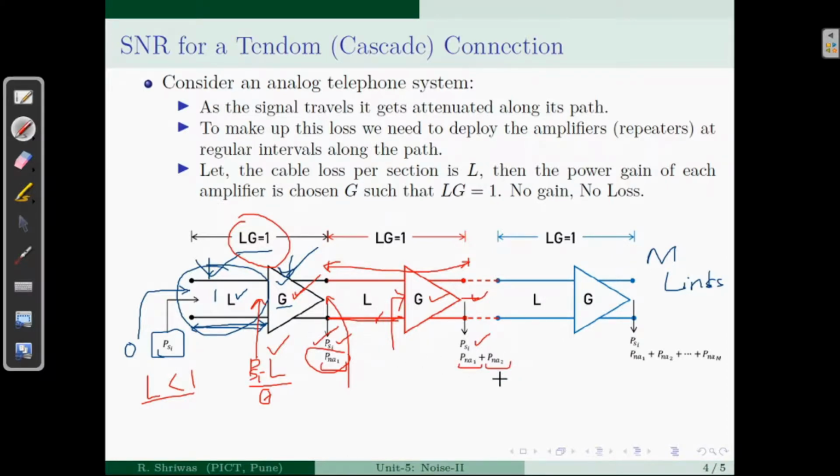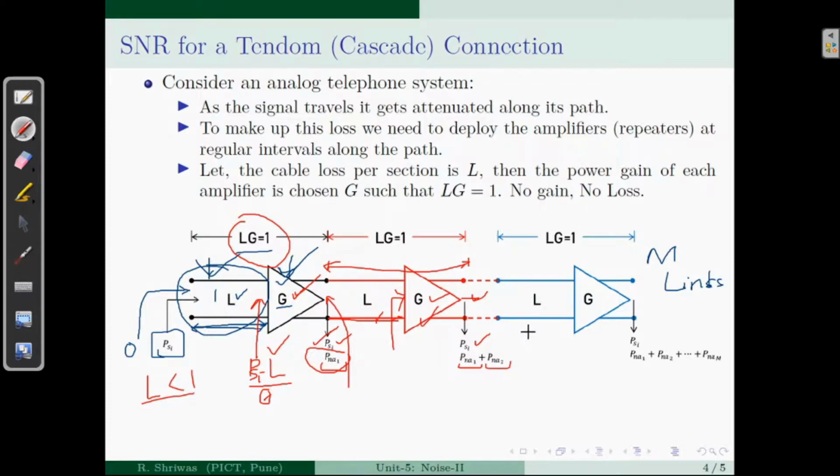This is the internal noise which is added by this second amplifier, that is PNA2. Now you can comment that the noise gets accumulated after each link. These noises are basically the internal noises which are generated within the amplifier or within the amplification stage.